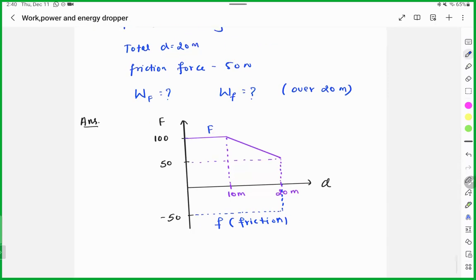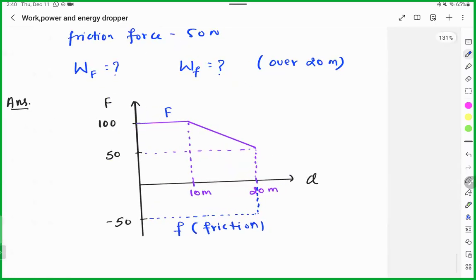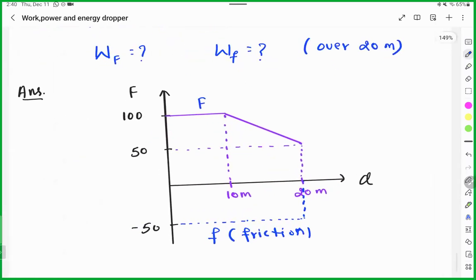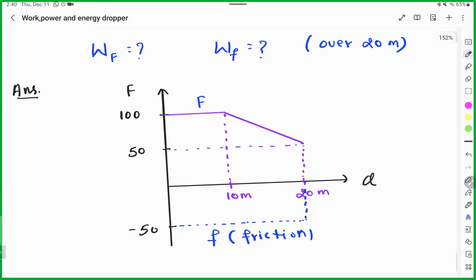Work done by the upper force, the external force, and work done by the lower force, that is friction. How to calculate total area? If you want to calculate work done for the external force, it is the area under the graph.